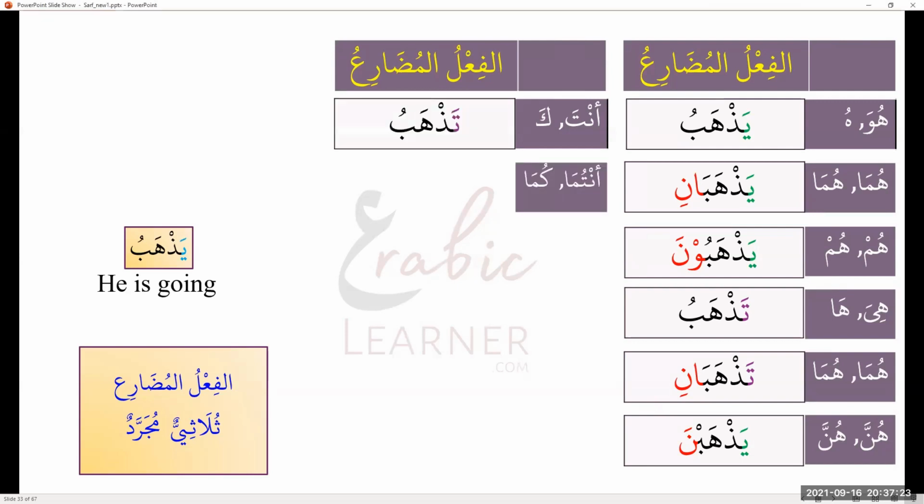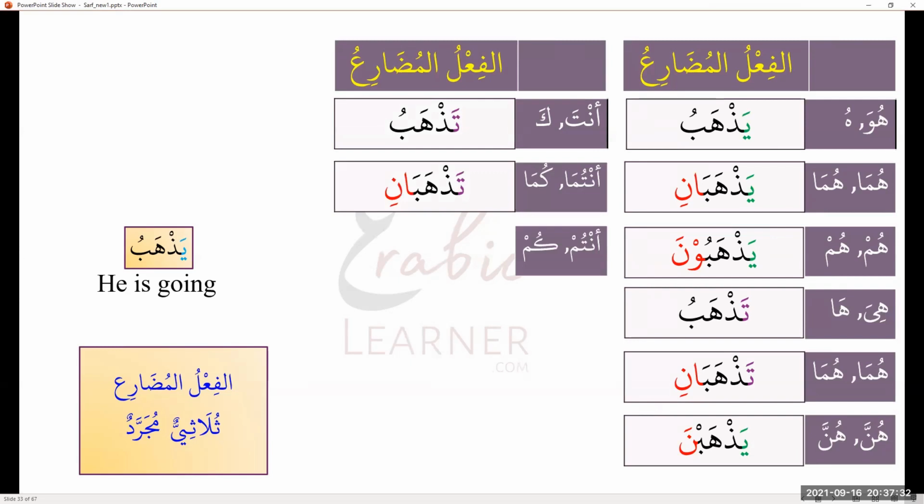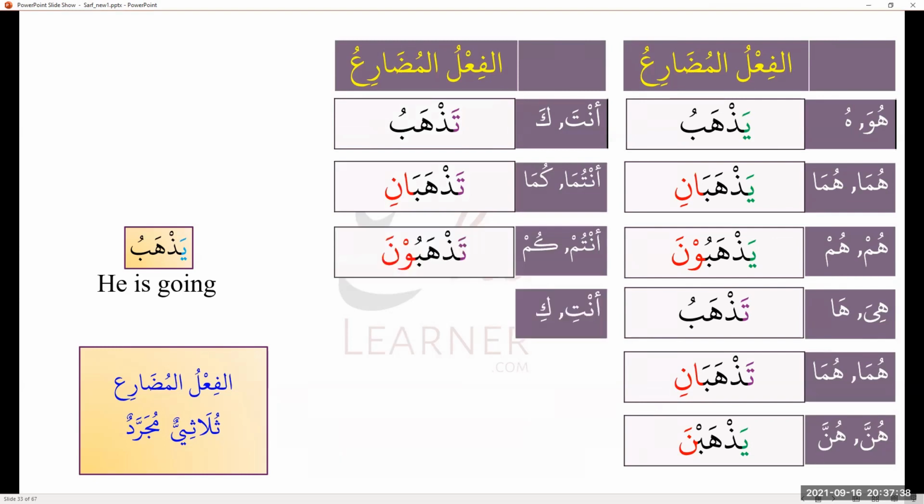Tadhabu, good. Antuma. Tadhabani. Antum. Tadhabuna, good. Anti. Sister Nahida, Anti.